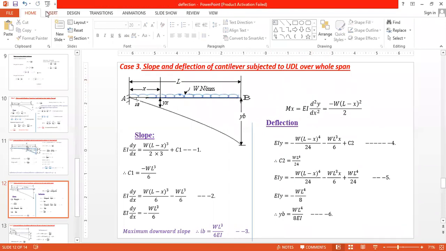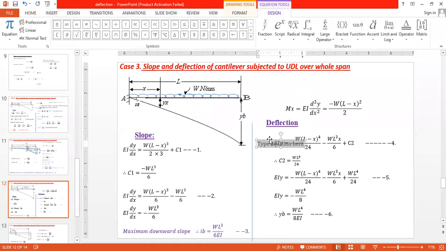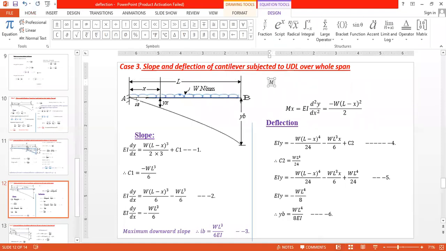Now you see here, again you select a section at a distance x from the fixed end, and take the moment at that section. Here we will consider the load W into L minus x.